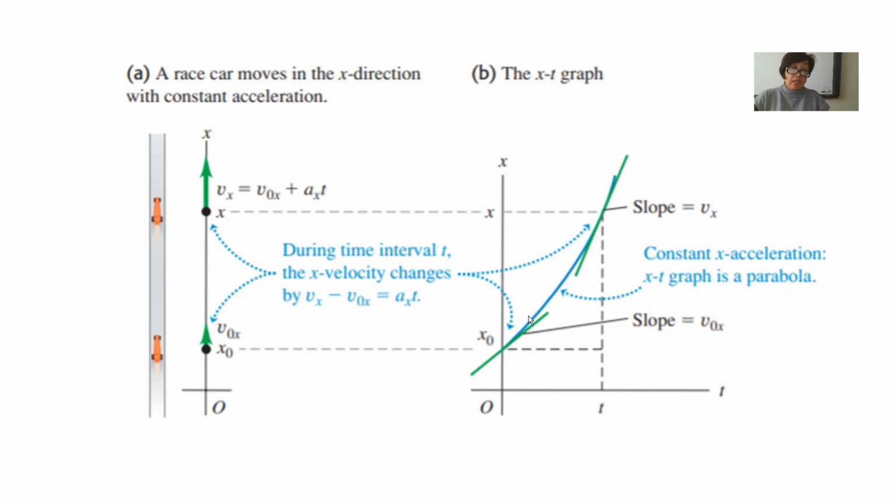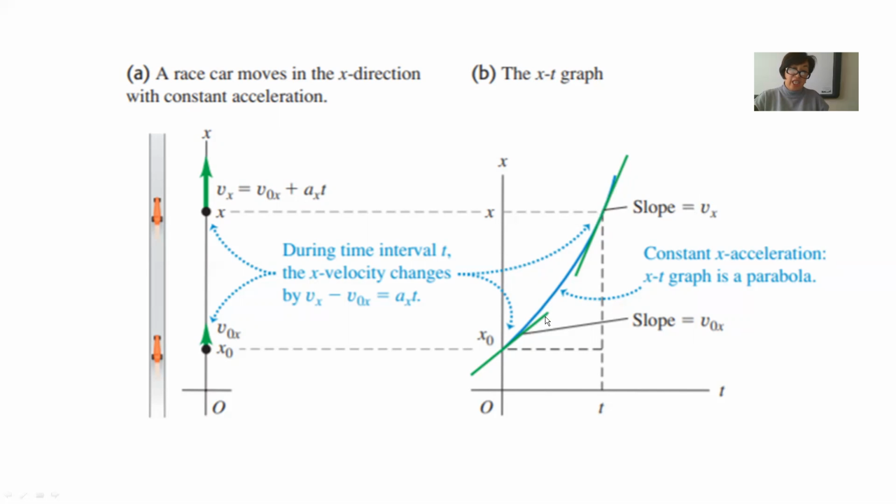Because the acceleration is constant, the x versus t graph is a parabola. The slope here is the instantaneous velocity.